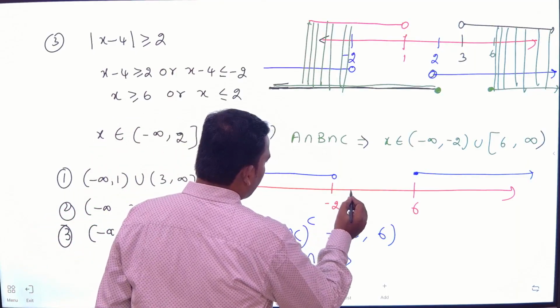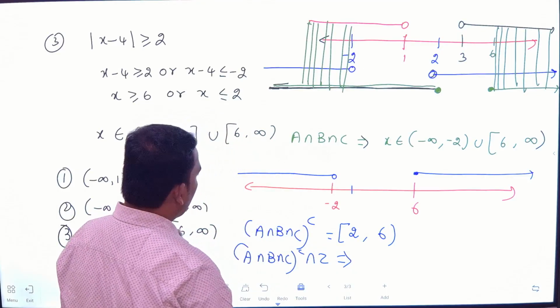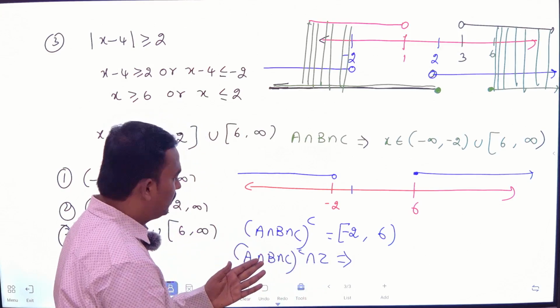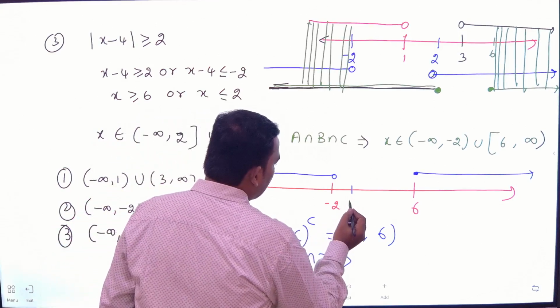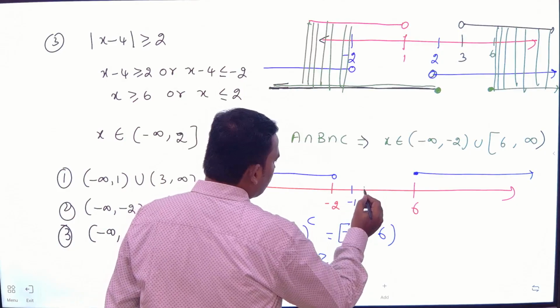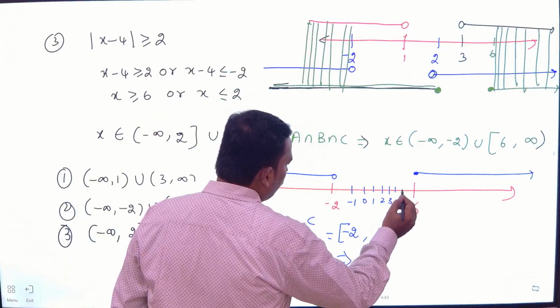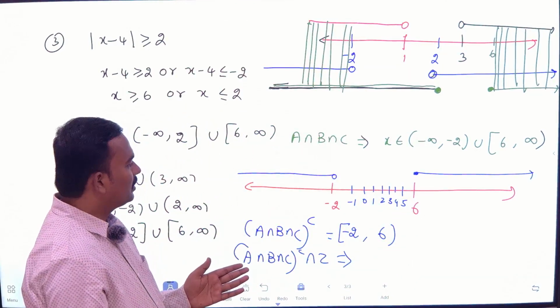The integer values you can see here, this intersection is what? Minus 2 to 6, right? Minus 2 to 6. So here minus 1 is possible, 0, 1, 2, 3, 4, 5. These are the integers, right?